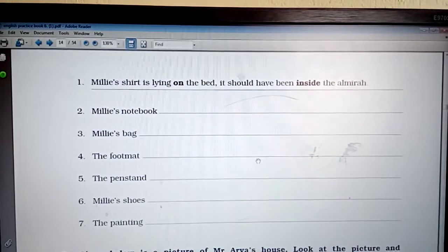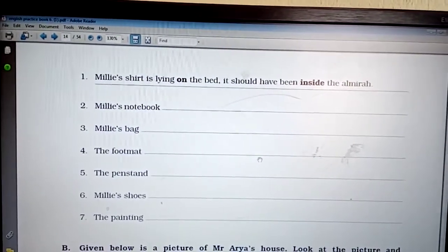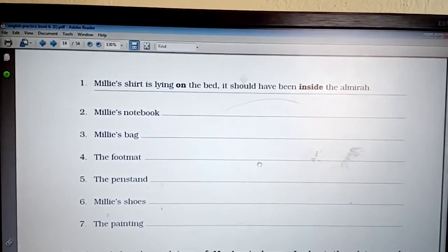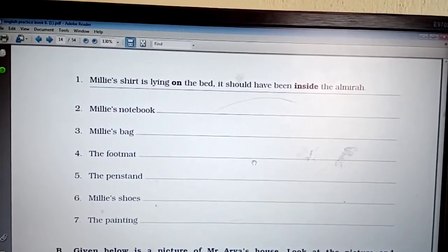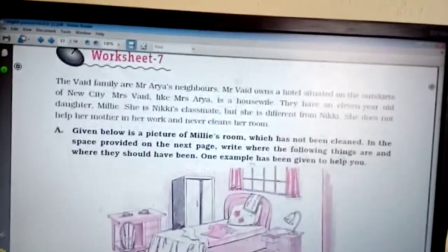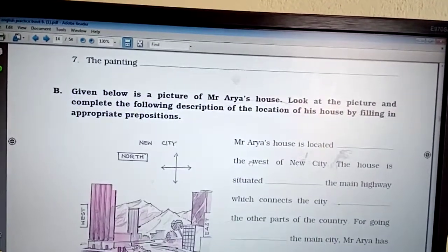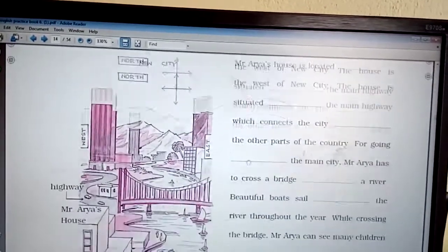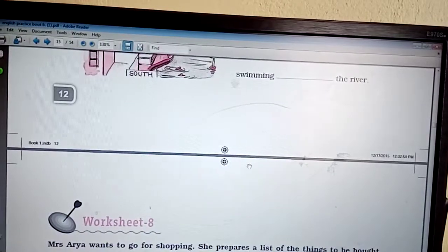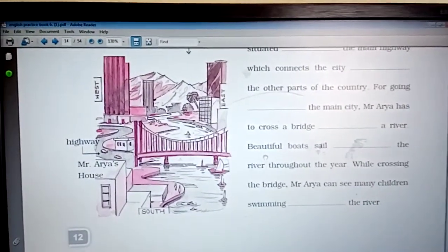So this will be your classwork. This will be your homework: worksheet number 7, questions A and B will be your homework. Okay? Now do the classwork.